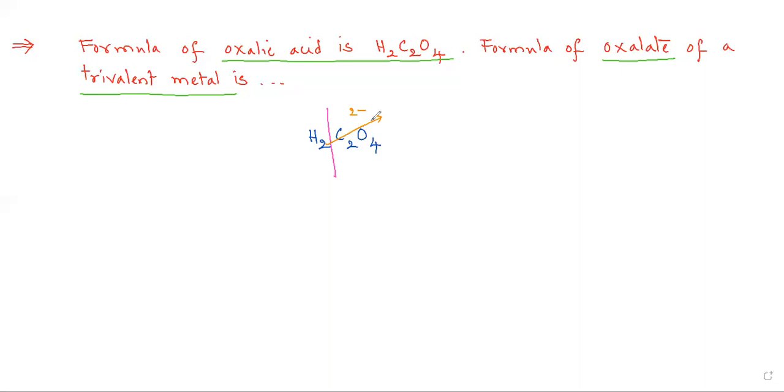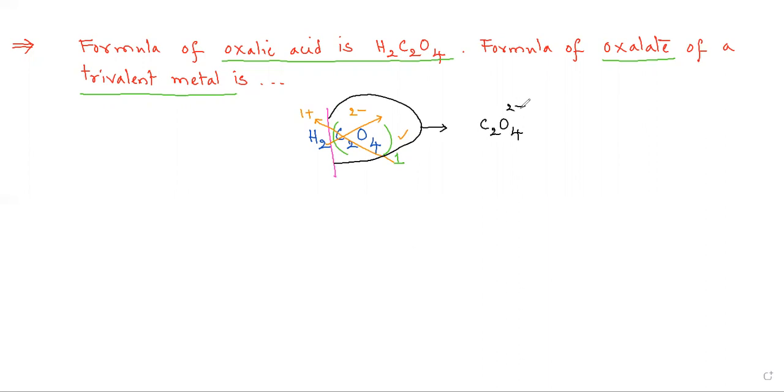Now, if that is the case, then this one must be the charge present on H. Yes, of course, we know that hydrogen carries +1 charge because it belongs to the first A group or the first group. So this is how you get the formula of oxalate ion. Now you got the formula of oxalate ion, which is very clear.